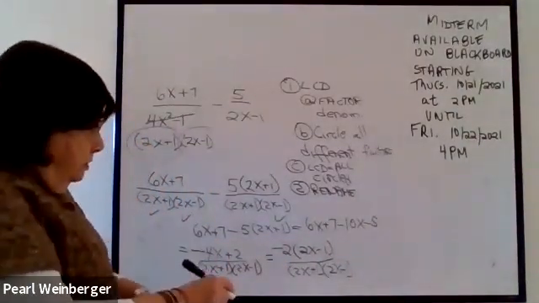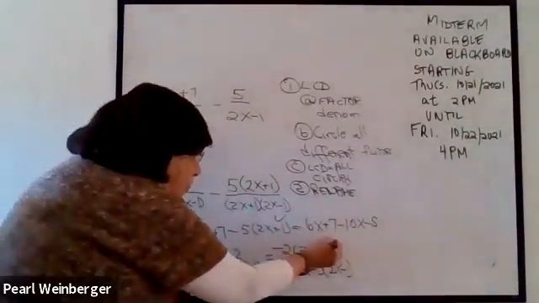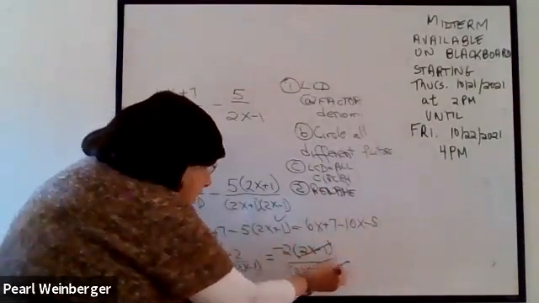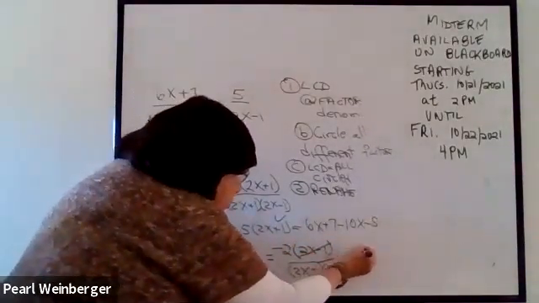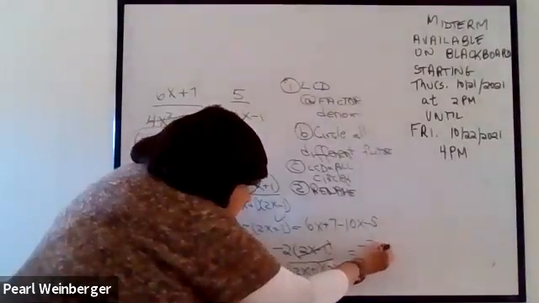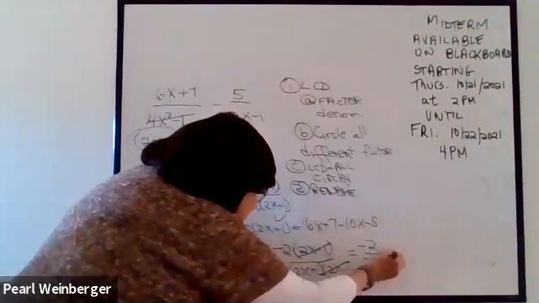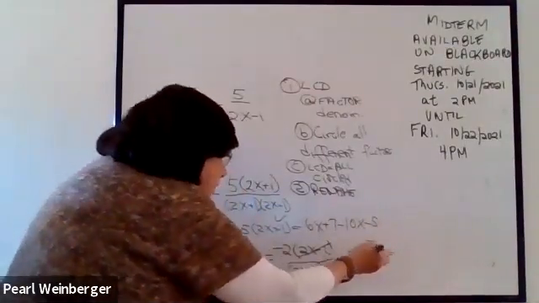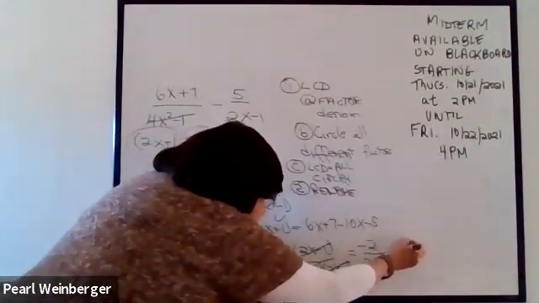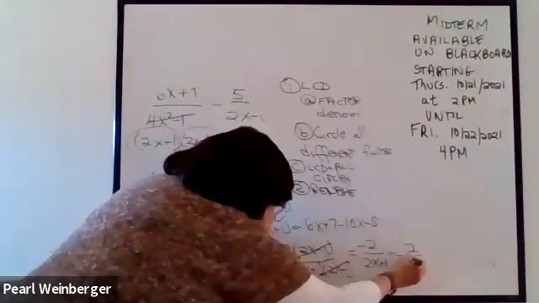And if I notice now, I have a common factor of 2x minus 1 on top and on bottom. So my final answer becomes negative 2 over 2x plus 1. Again, I could leave the negative on top or put the negative in front of the fraction.